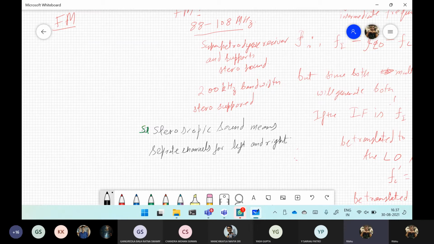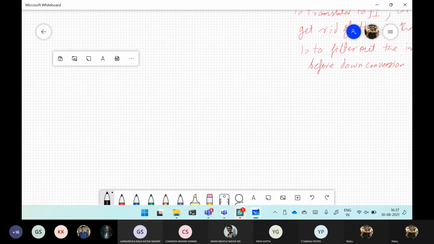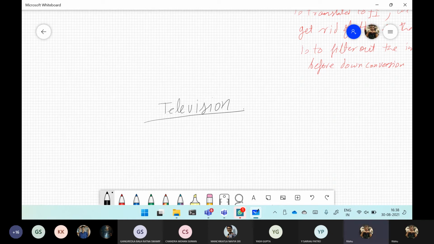Now let's talk about the other most famous broadcast communication system that has had me beaten up many times in my childhood. Television. So I'll just run through the modulation standards.